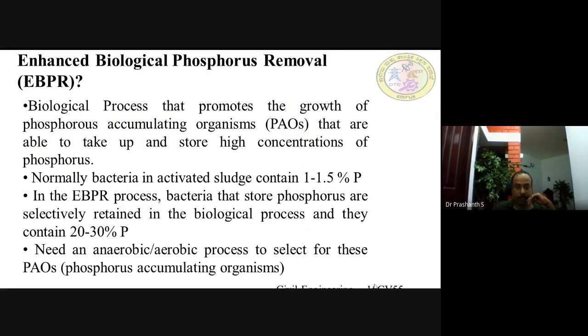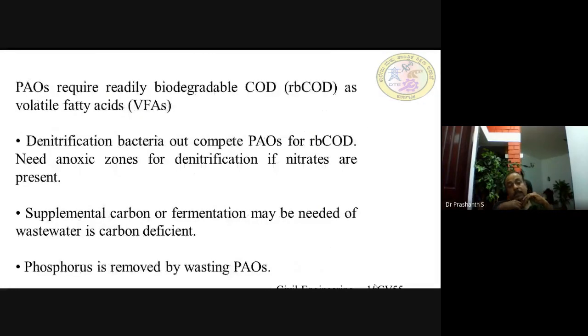For this, there is a need for an anaerobic aerobic process to select for these PAOs, phosphorus accumulating organisms. Phosphorus accumulating organisms require readily biodegradable COD as volatile fatty acids.